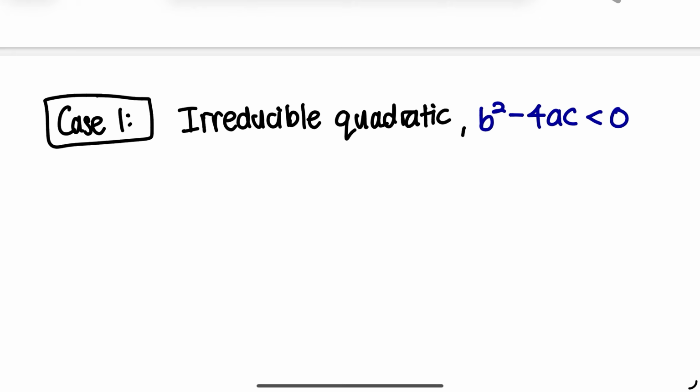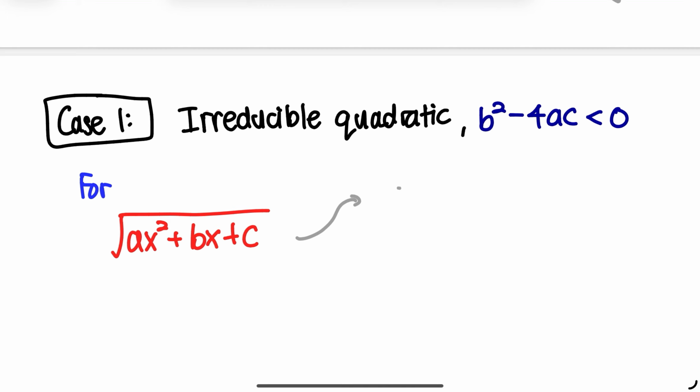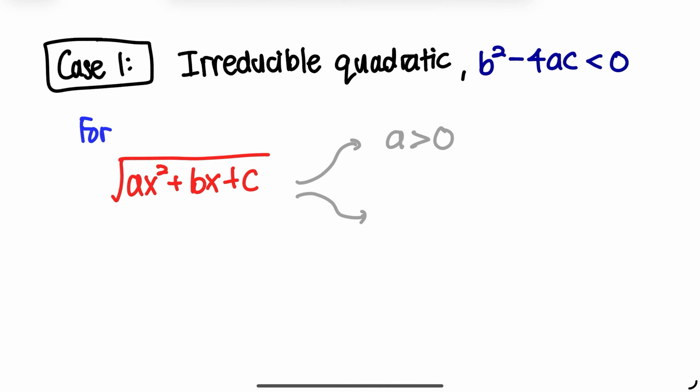So now let me pull out the theorem. When there is an integrand that consists of the square root of ax squared plus bx plus c, the conditions are that a has to be more than 0, and secondly, we require the discriminant of this quadratic to be negative.